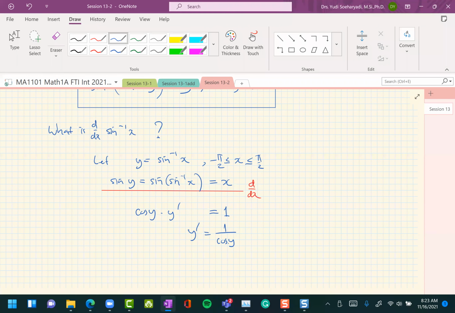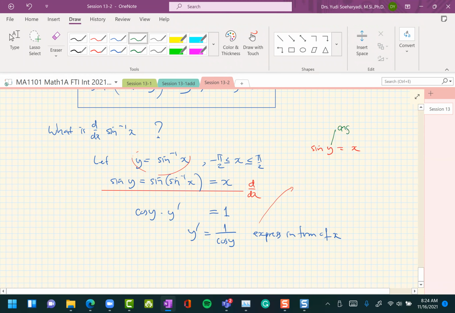How do we express it in terms of x? You see that sine y is x. In this case, we interpret y as an angle and x as a number.